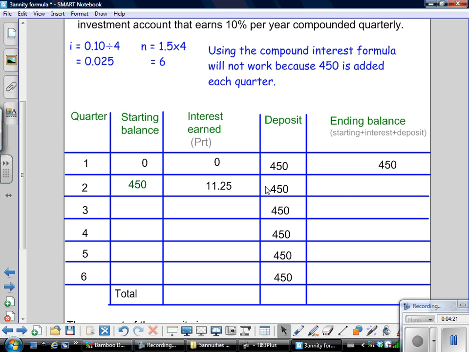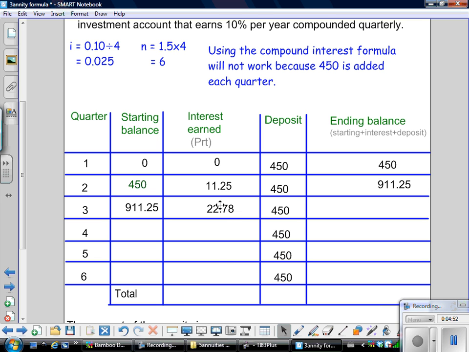At the end of the quarter, I add another 450. I had my original 450, I'm adding another 450, so now I'm at $900, but I've also made $11.25 in interest, so I have $911.25. In the third quarter, that is the amount invested, and the interest I earn on it is $22.78.